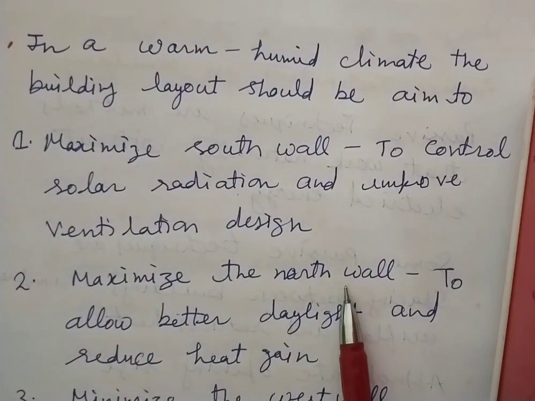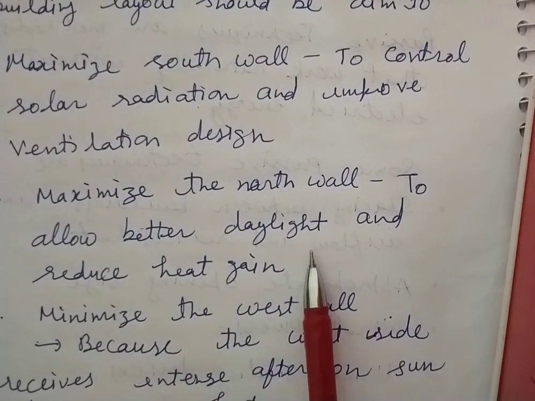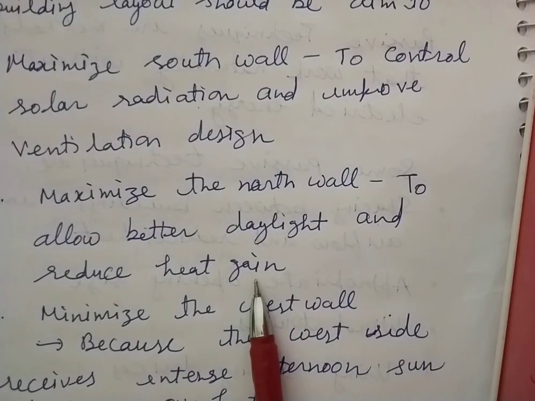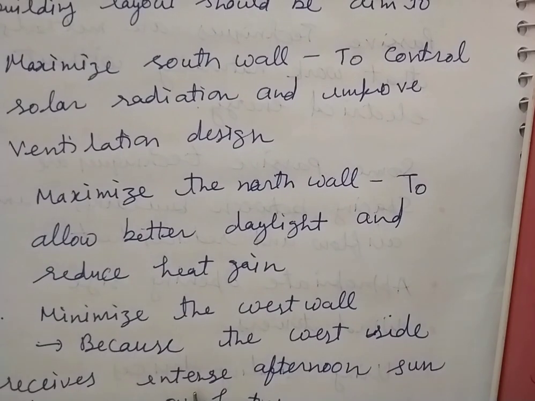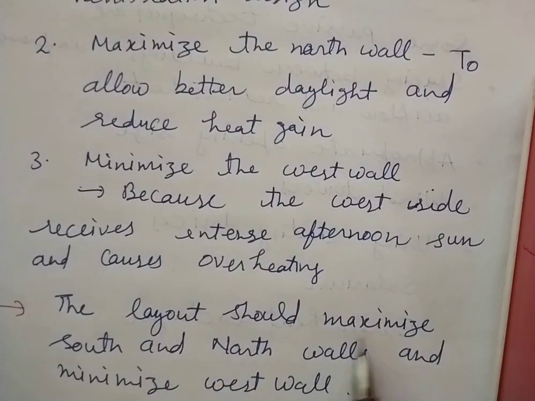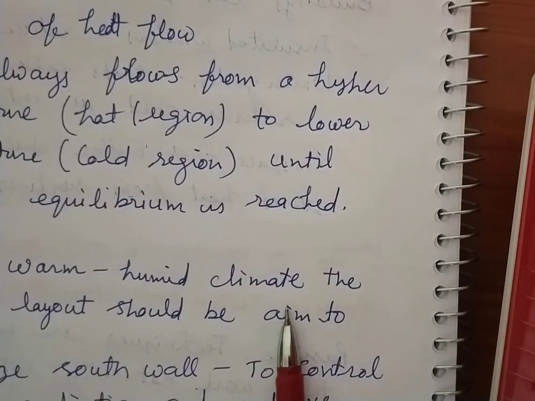Maximizing the north wall to allow better daylight and reduce the heat gain. Minimizing the west wall because west wall receives intense afternoon sun and causes overheating. The layout should maximize south and north walls and minimize west wall in case of warm humid climate.